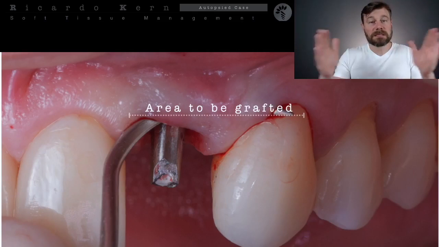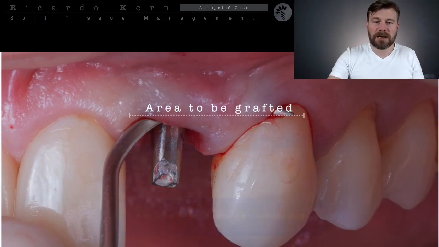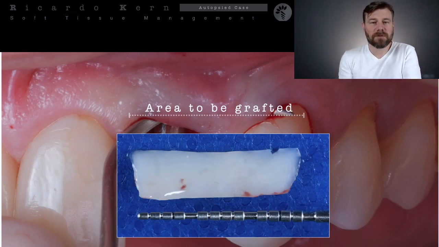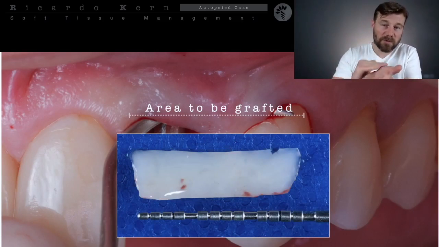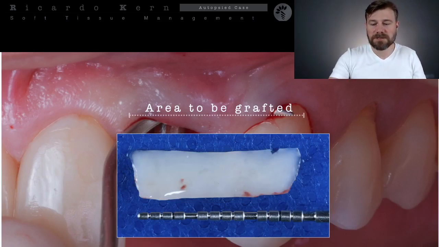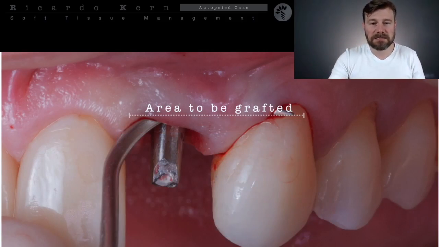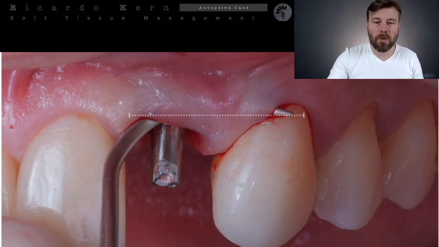So if it's this size that I need to graft, it is exactly this size that I'm going to take as a free gingival graft from the palate, and promote the deepithelialization of this graft, trimming exactly the shape and the size that I need to graft this whole tissue.